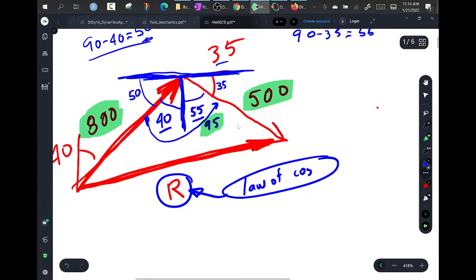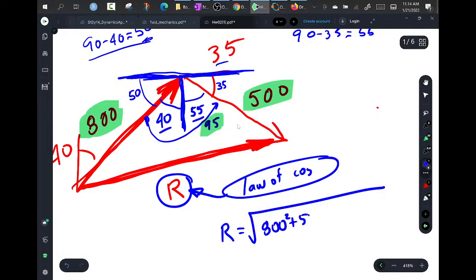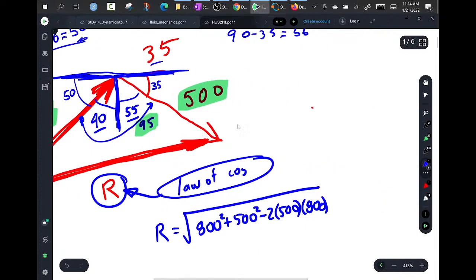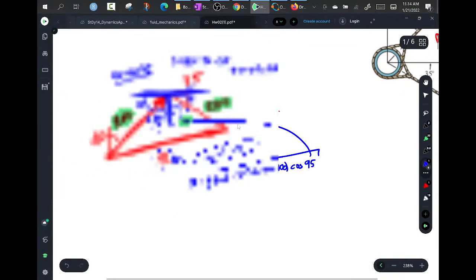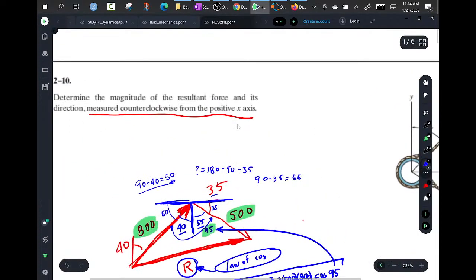So the resultant, the length of that vector, would just be 800 squared plus 500 squared minus 2 times 500 times 800 times the cosine of the angle between those two, which this time turns out to be 95. And so you can calculate that, and once you get that, that's part of your answer.